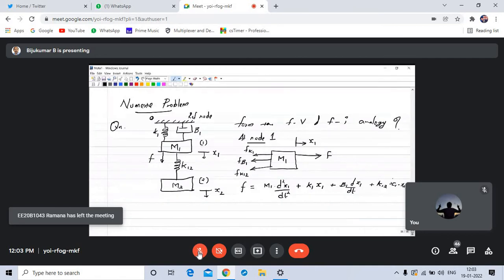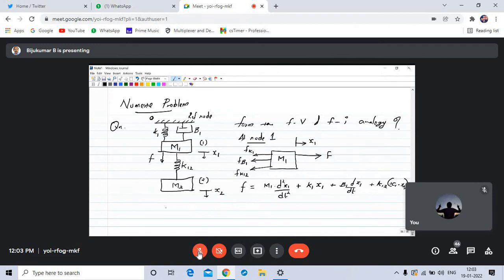Like in mesh analysis, if you are writing a KVL equation in one mesh, you are giving preference to the current flowing through that mesh, right? So we have to write x1 first, then x2. So this will be the corresponding equation. I will solve it later.